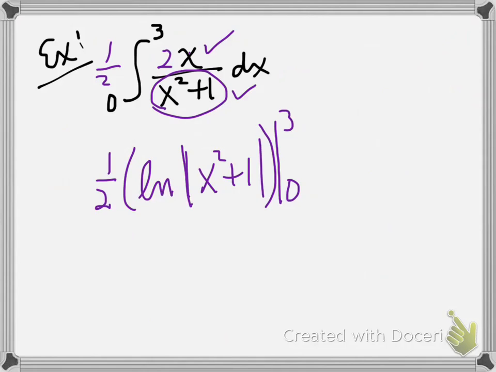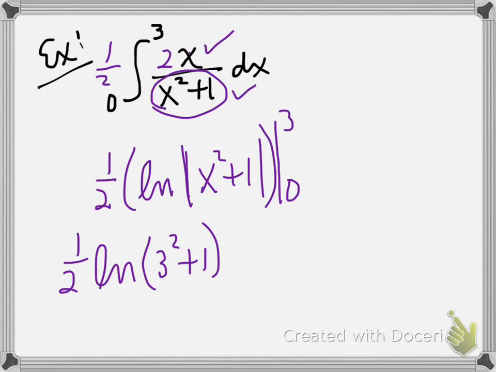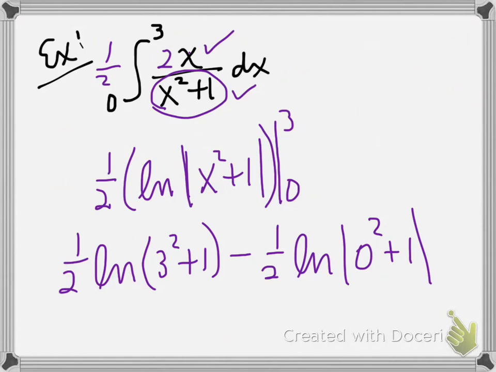So I can actually go ahead and solve this and it will be 1/2 ln of 3 squared plus 1 minus 1/2 ln of 0 squared plus 1. And as long as the term inside here is positive, we don't have to do anything with the absolute value bars.